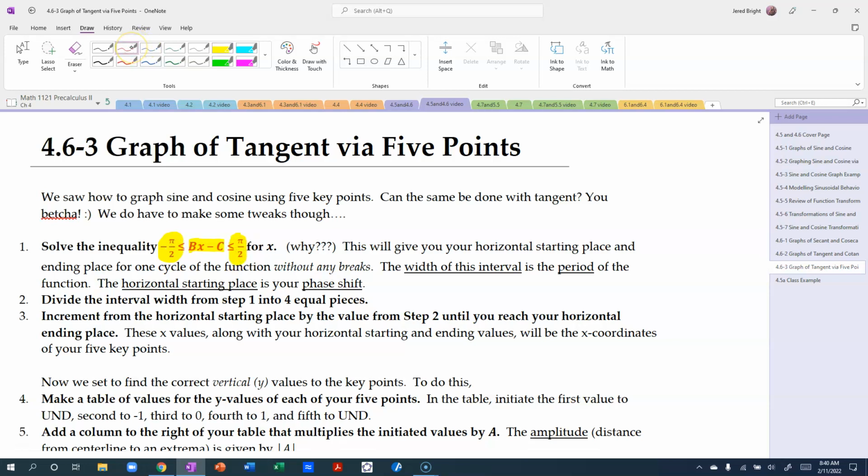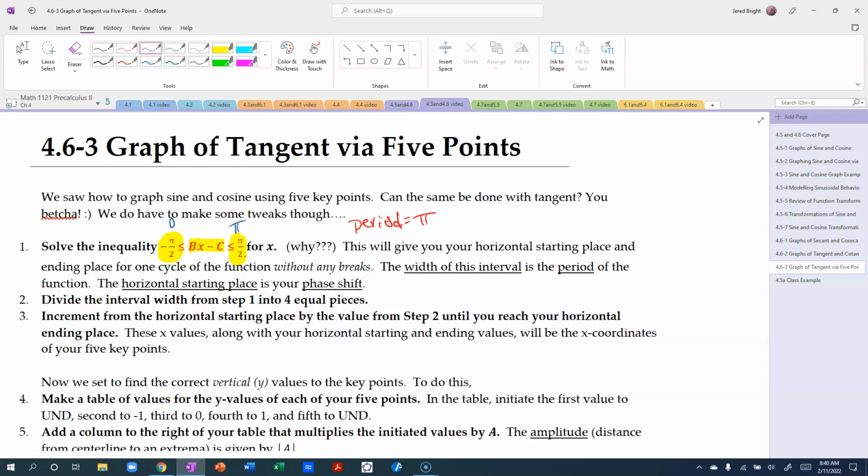And this is done because before we did it from 0 to 2 pi, remember? So the period for tangent is normally pi, so this interval has width pi. And so you could certainly do this from 0 to pi. The only bad thing is that there's normally an asymptote at pi over 2, so you're going to get a break in the middle of the graph and it'll look kind of weird.